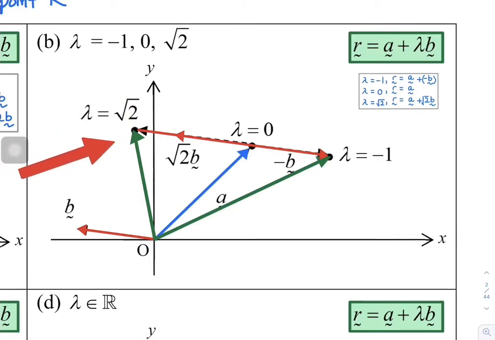So once again, we can see that by changing the values of lambda, we actually change the position of the point R from here to here and to here. And we now are able to notice that the point R actually lies on this particular line that you see here.